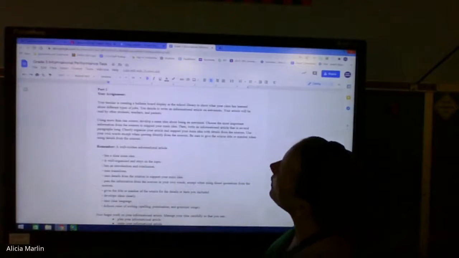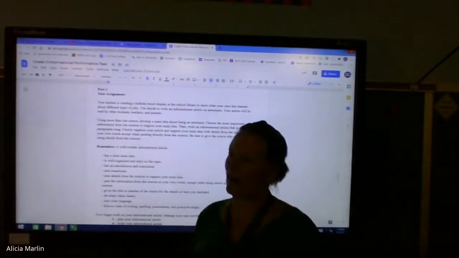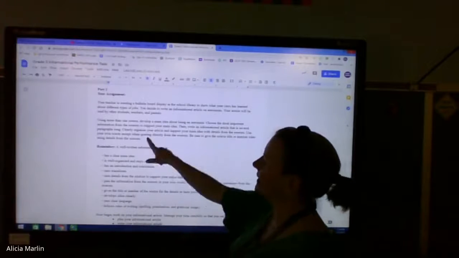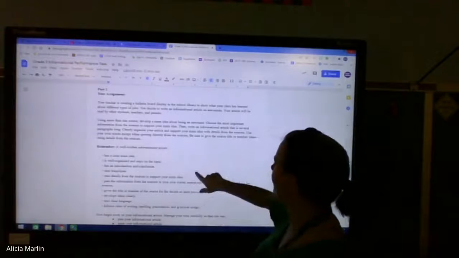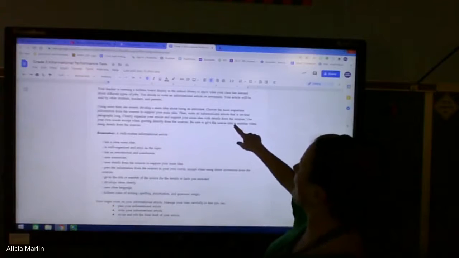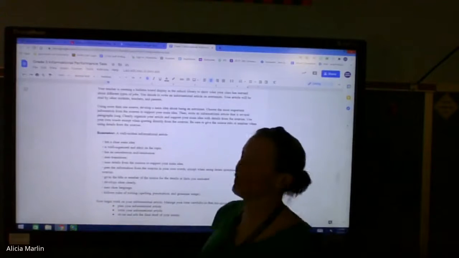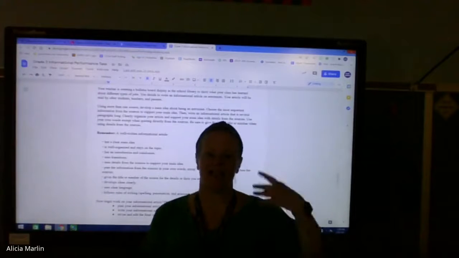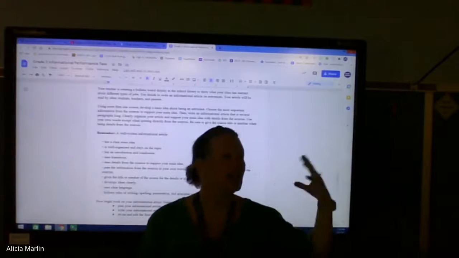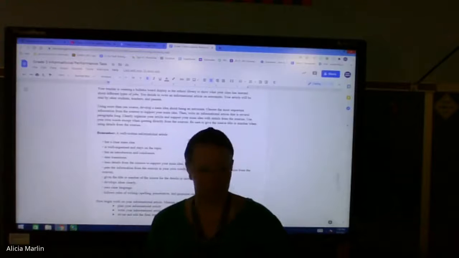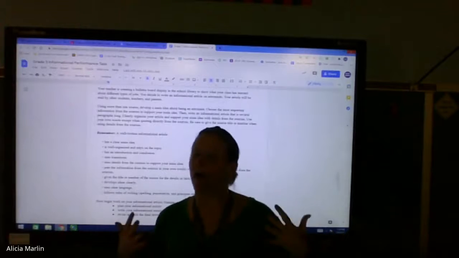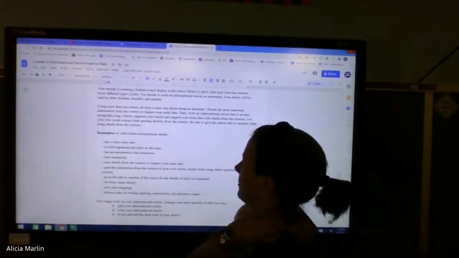Use your own words. Okay, you're not allowed to copy from the sources unless you're quoting them. Be sure to give the source title or number when using your details. So again, say in source number 1, in source number 2. All right? Like I'm going to look for those words in your writing.